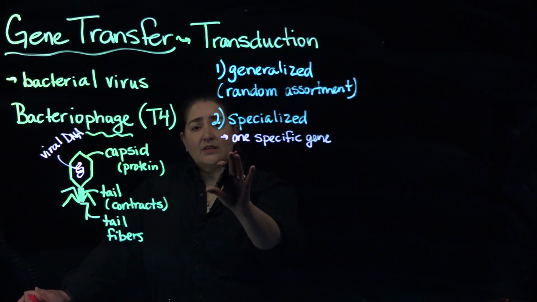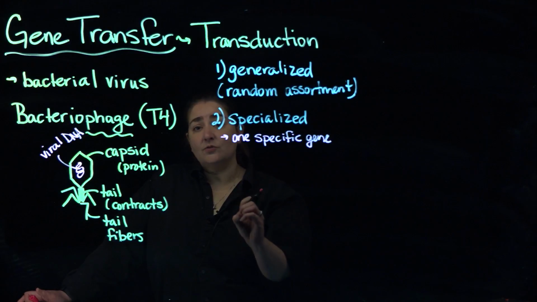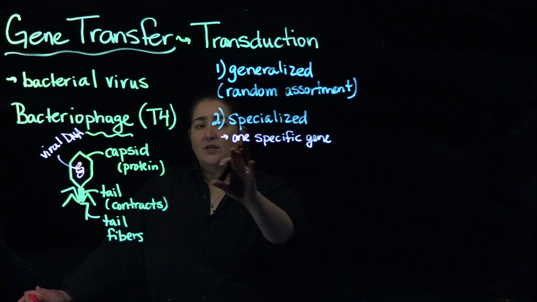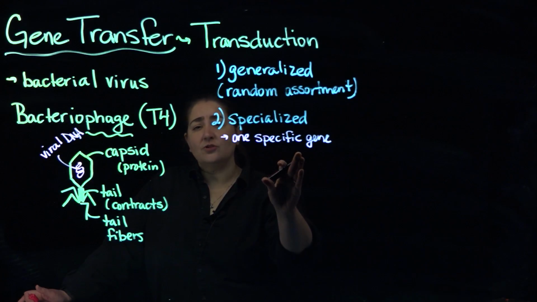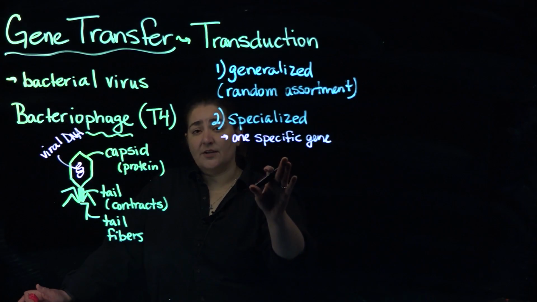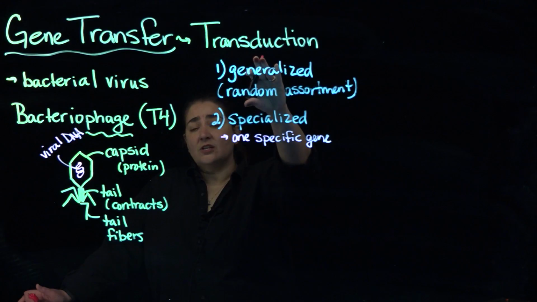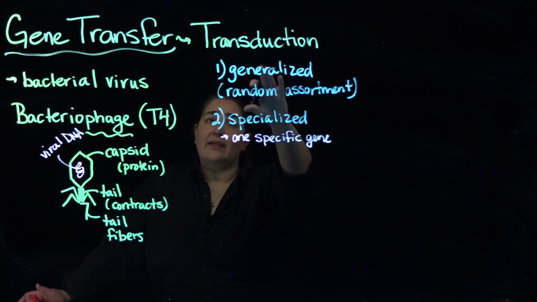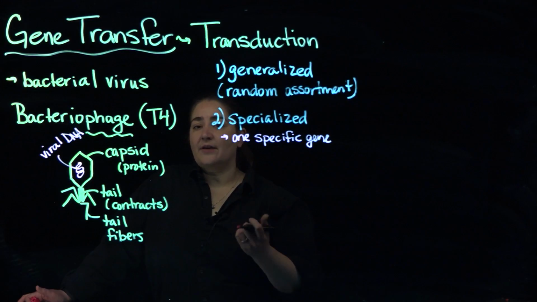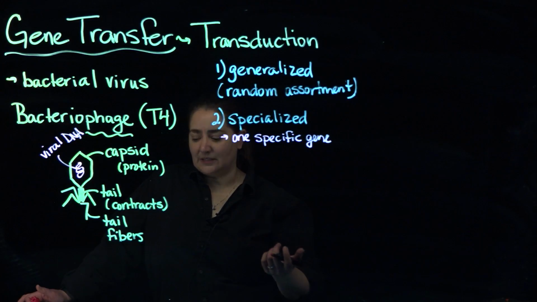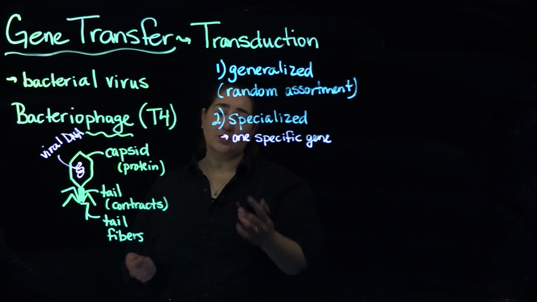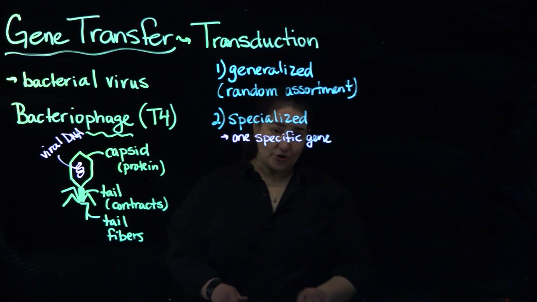This is the way that scientists can use bacteriophage to do something that we want it to do. So specialized transduction usually involves a lot more genetic engineering on that end. Generalized transduction will happen out in the environment, and I'll talk about how that bacteriophage picks up additional DNA. So we'll talk about generalized transduction first.